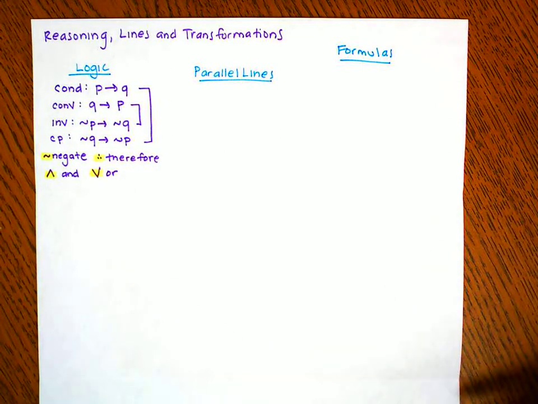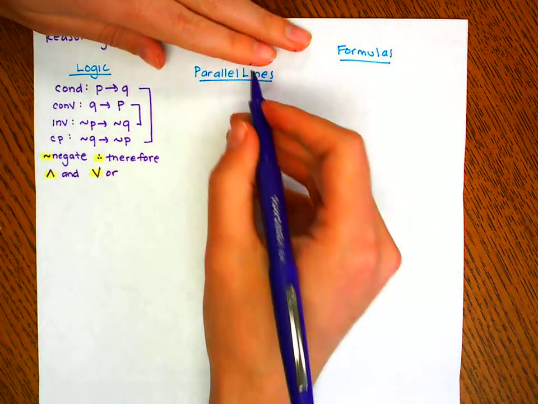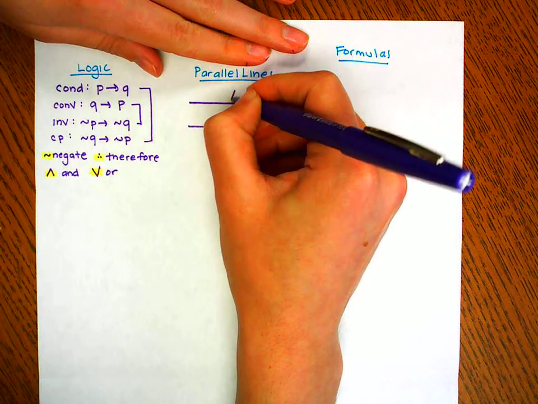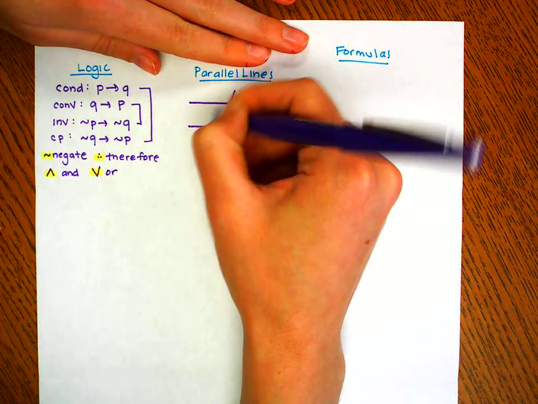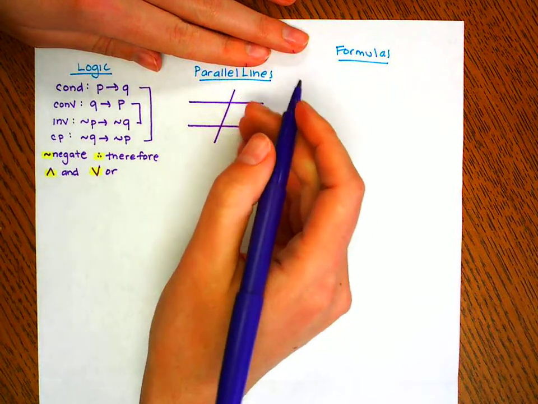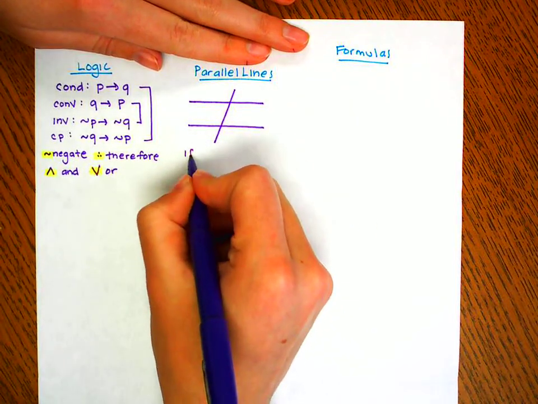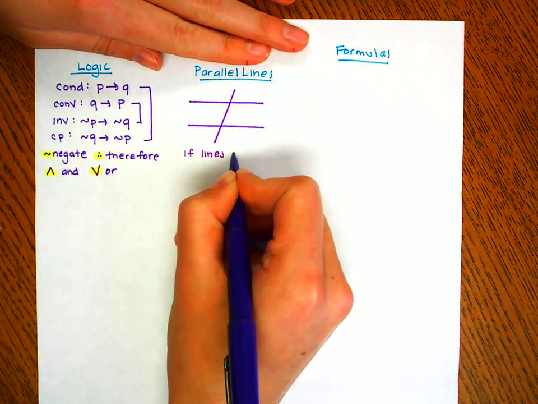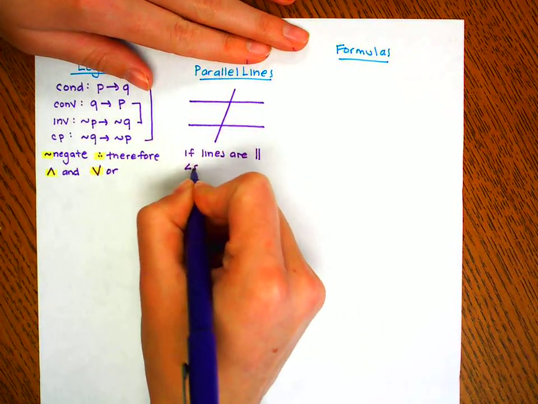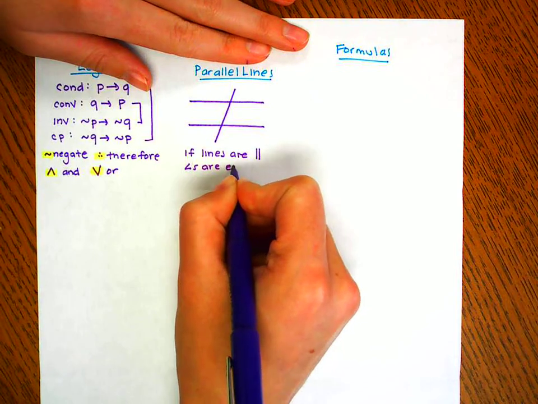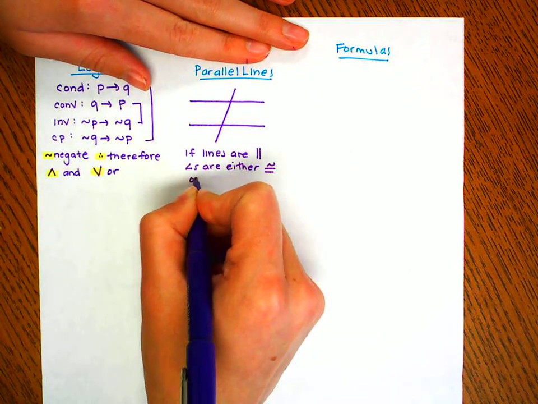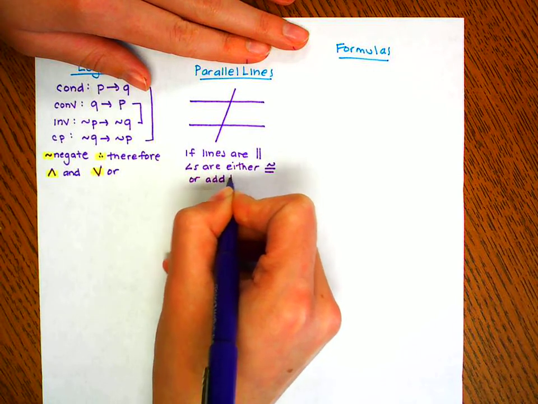When we talk about lines, typically we're talking about parallel lines. And if you guys remember, we said if we have parallel lines and any two angles made by these lines and the transversal, they'd either be congruent or add to 180. So I'm going to say if lines are parallel, angles are either congruent or add to 180.